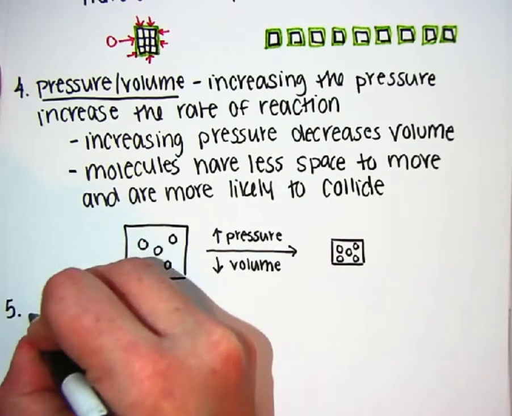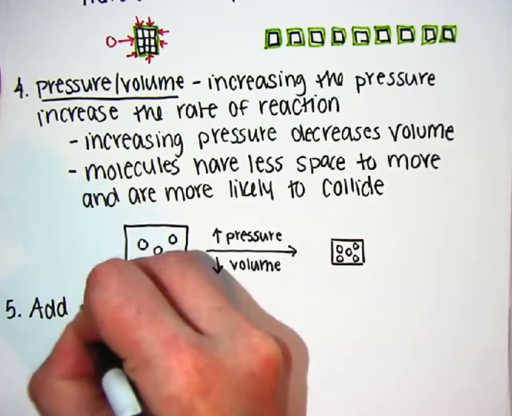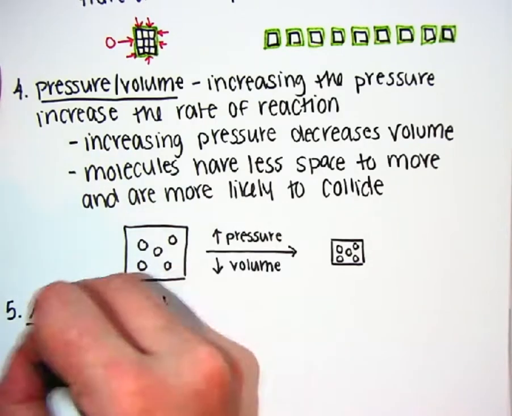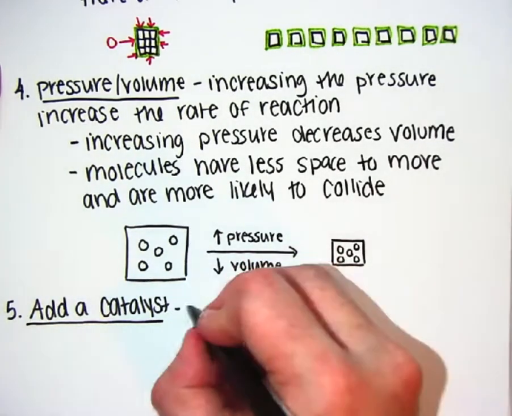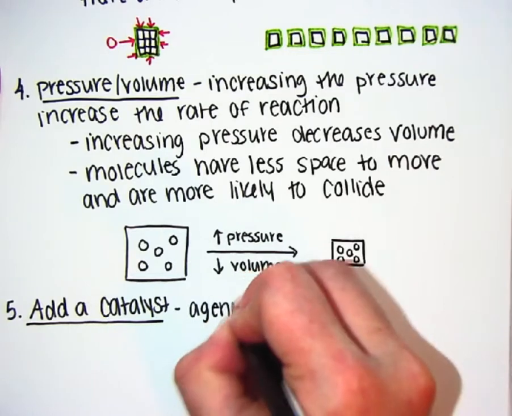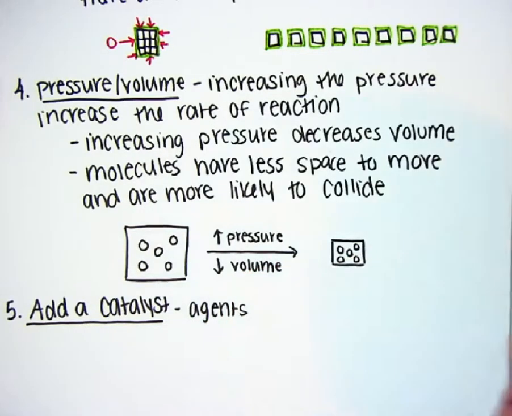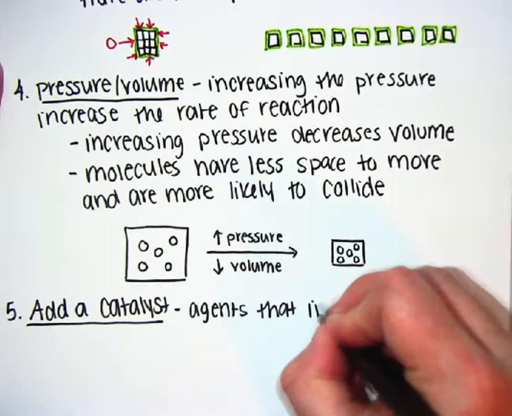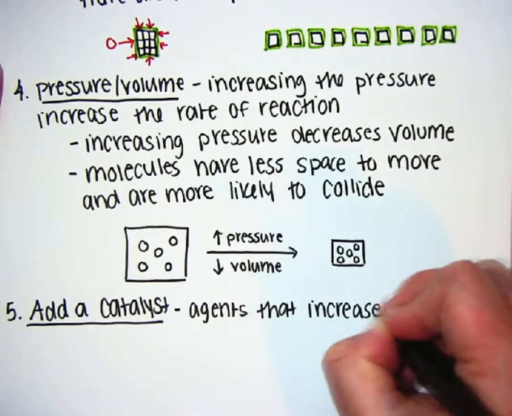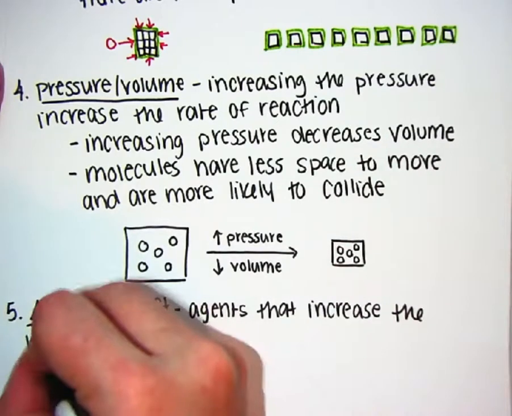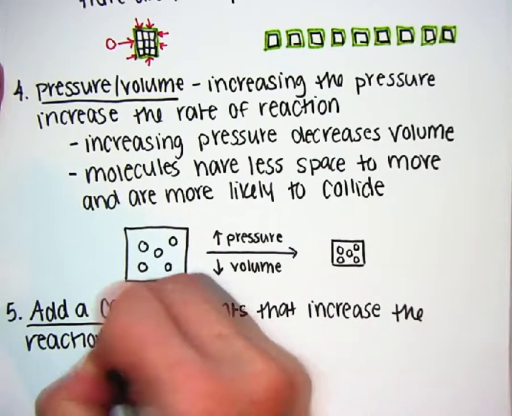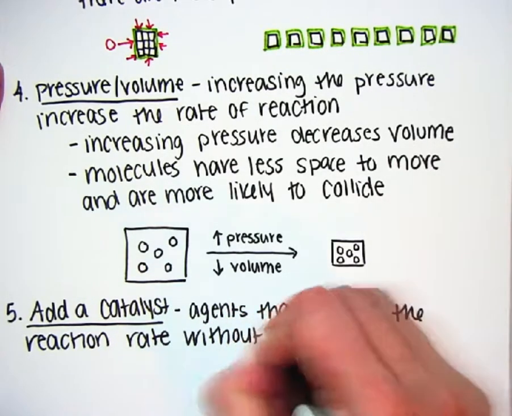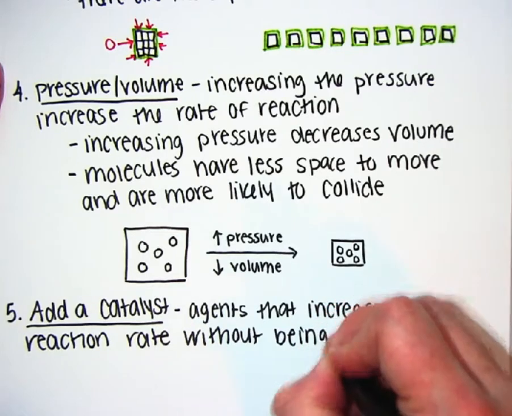Last one is we can add a catalyst. So a catalyst, its whole function is that it increases reaction rate. These are agents that increase the reaction rate without being consumed or being used up.